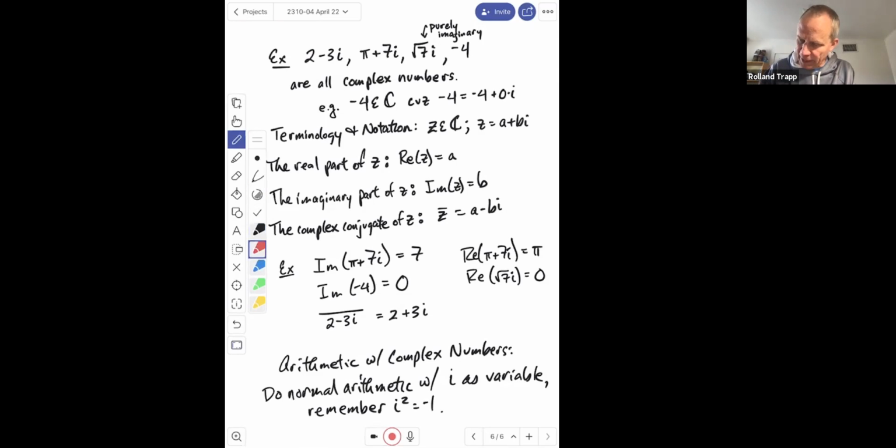Okay, that's how you do arithmetic with complex numbers. So let's do a couple of examples.